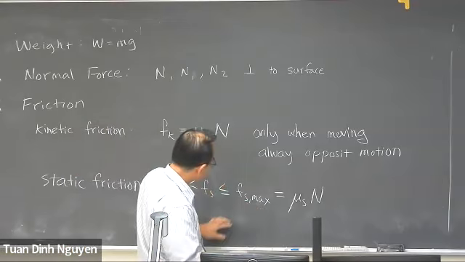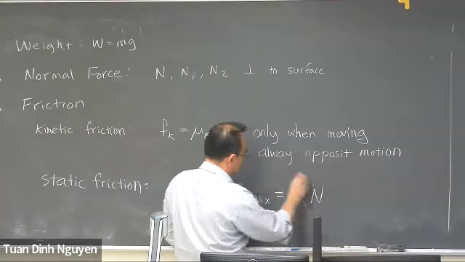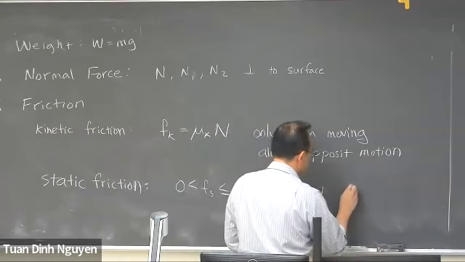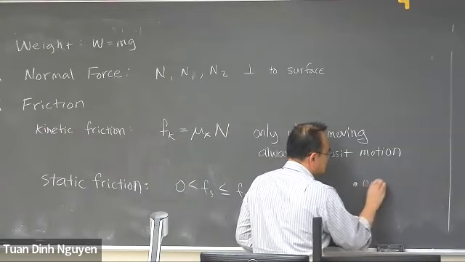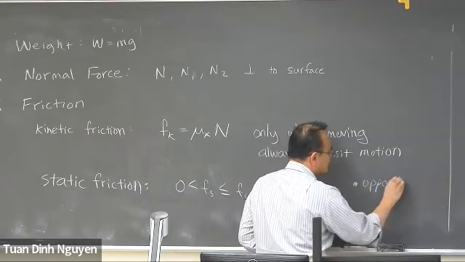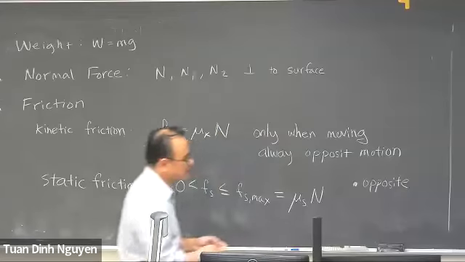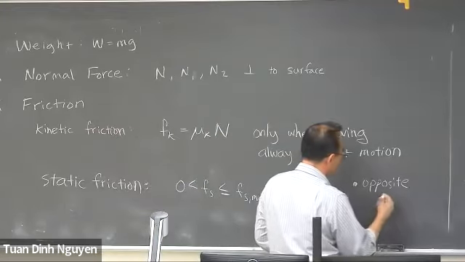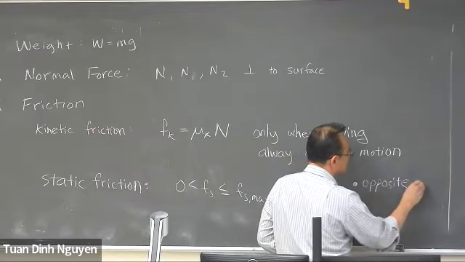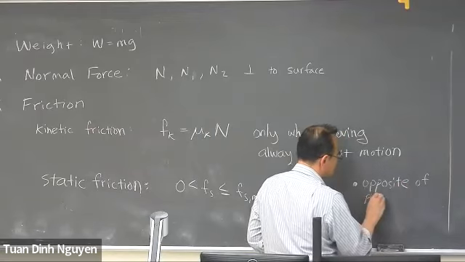And then when do you know to use max? You go opposite the potential motion. Another way to figure it out, if it's not too complicated, is to say, if it's not there, which way would I be going? So it's pointing opposite of the potential motion.